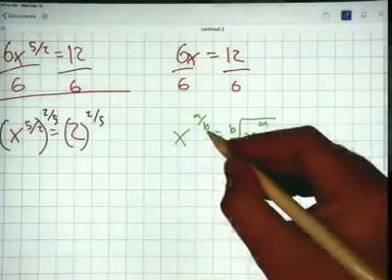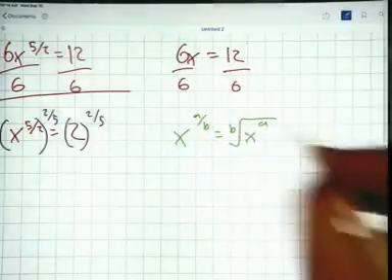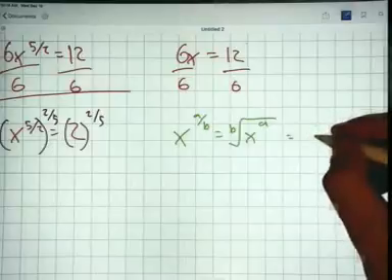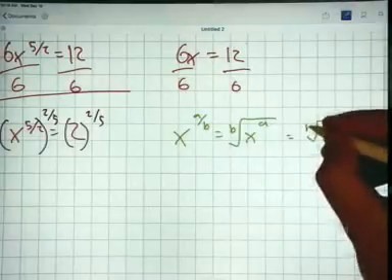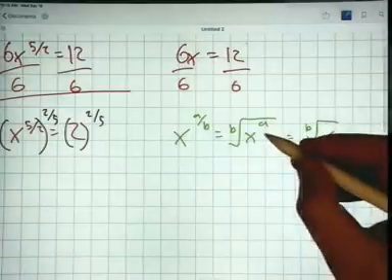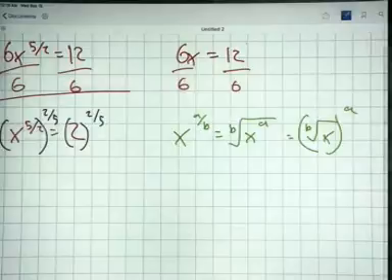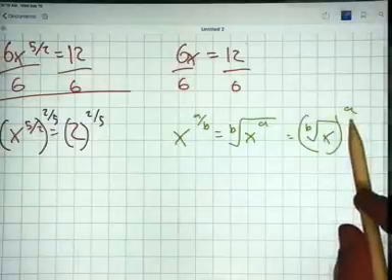Anytime you have a rational exponent, the denominator is the index of the radical. Now the cool thing about this is the a doesn't have to stay inside the radical. You could take a to the outside, so now you're doing the b root of x first and then taking it to the power of a.